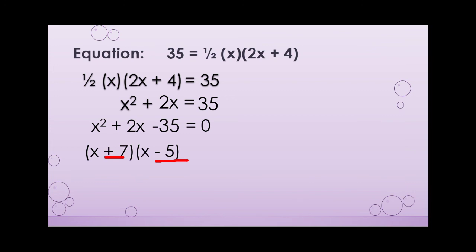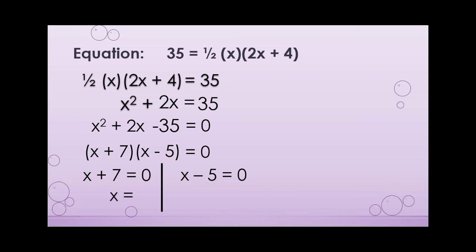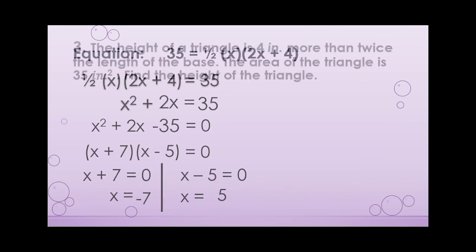Then 7 minus 5 is equal to 2. Then this is equal to 0. Then equate each factor to 0. So we have now x plus 7 is equal to 0 and x minus 5 is equal to 0. Then solve for x. So x now is equal to negative 7 and second value of x is positive 5. Okay, ngayon, the base of the triangle now is 5.